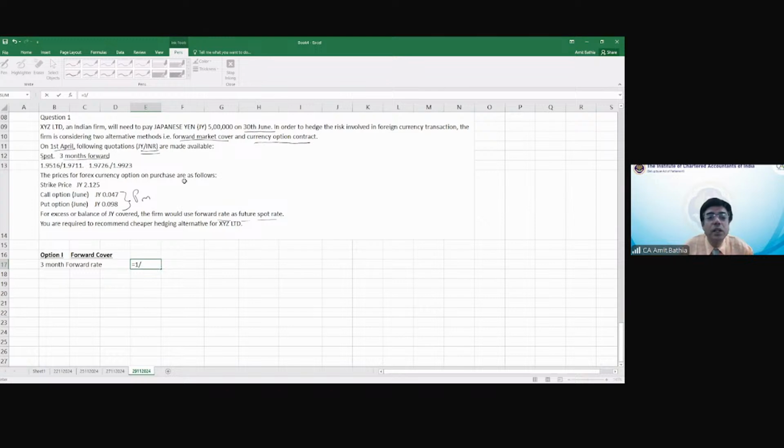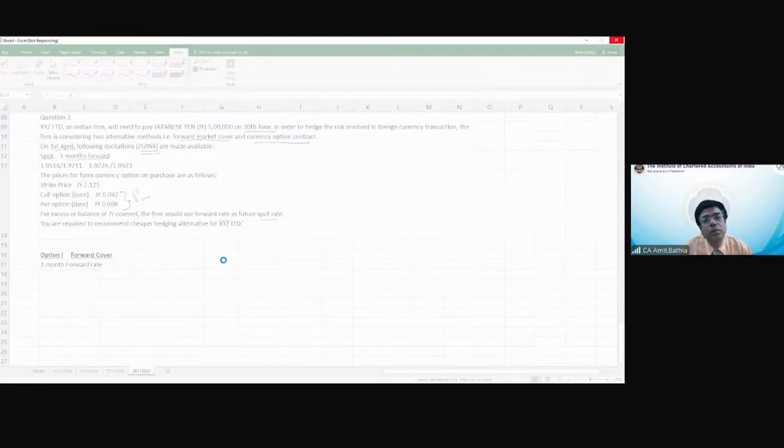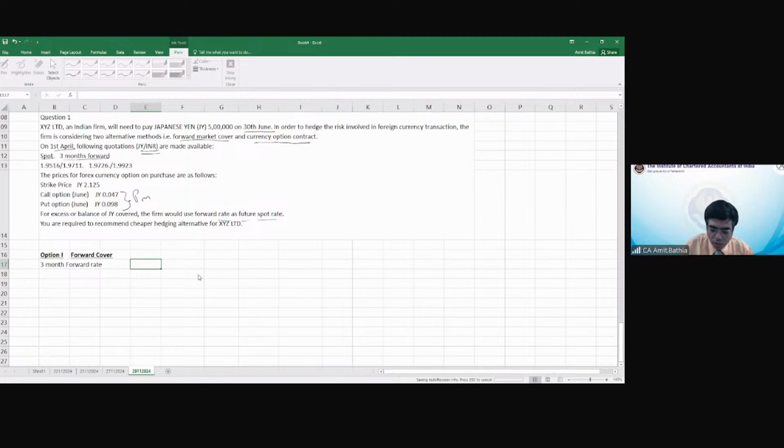So first of all, here, wait a moment. Here, first and foremost, now this is Japanese yen to INR, where INR is my base currency, right?